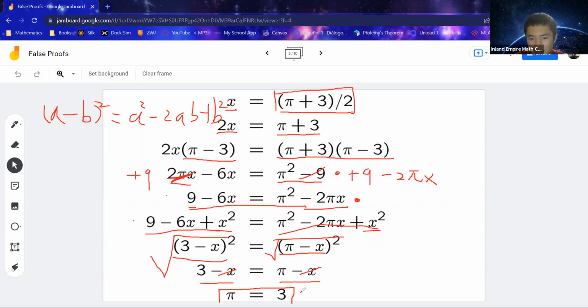And this result is not correct because pi, as we have already said, is an irrational number. Its decimals never end. It is equal to 3.14159265358 blah blah blah. It does not simply equal 3.